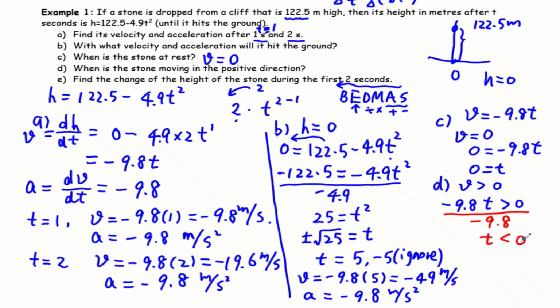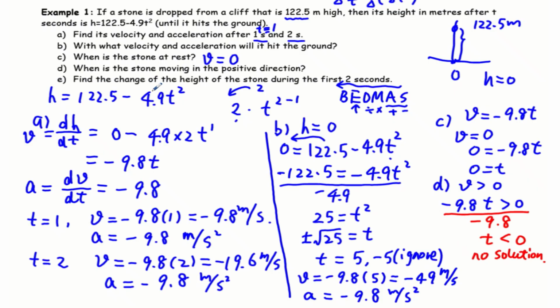So t less than 0. Time less than 0 is no. We know before t equals 0, we don't know where the stone is. So this one, no solution. So the stone doesn't move in the positive direction.